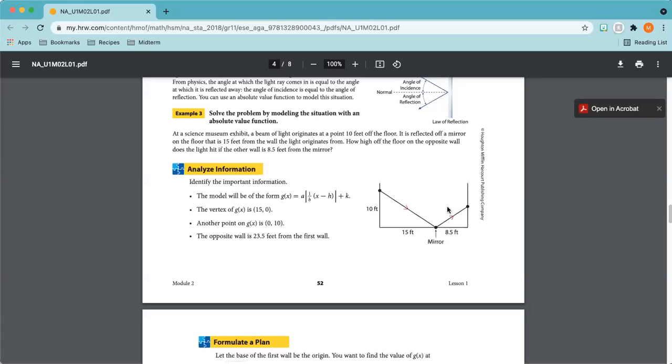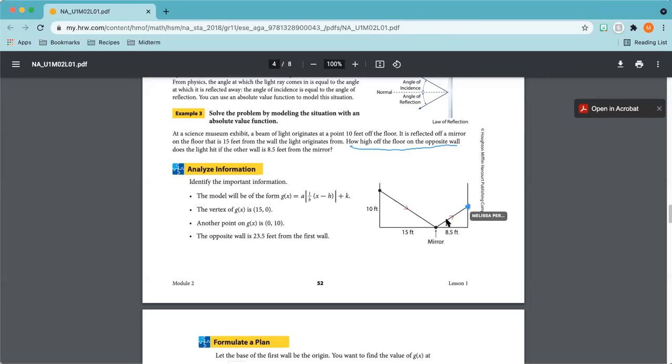Okay, so all it's asking you for is how high off the floor on the opposite wall. So basically it's asking you, what's this point?